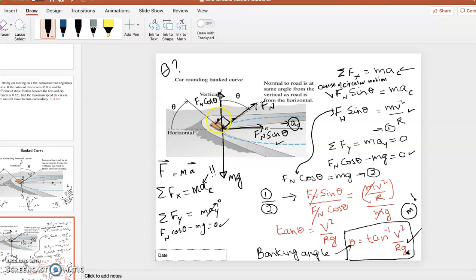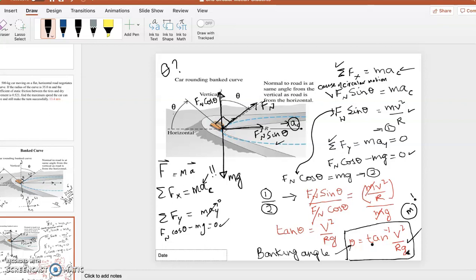Mainly you are doing summation of the forces along the x, which is the centripetal force, and along the y, which is equal to 0. And you get the equation out of this, the equation out of that, and you solve two equations. Okay? But it's, of course, a good idea to know how the formula will look like and what variables the angle depends on.